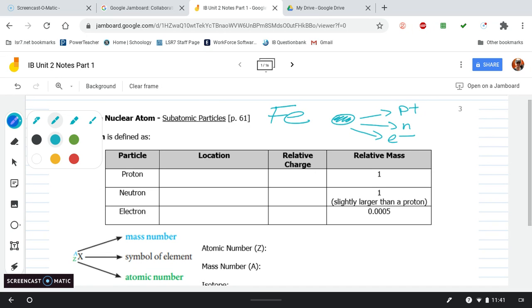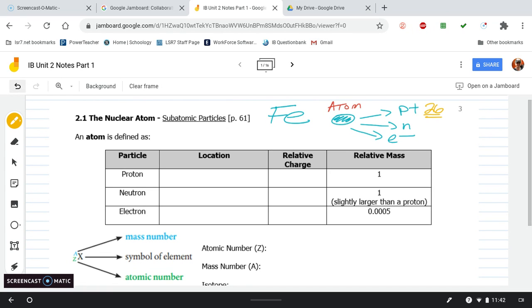And so the atom is that smallest piece before we're no longer iron. Because when you get over here, these things are not unique to iron, right? Protons, neutrons, electrons, those are not unique to iron. What's unique to iron is the fact that iron is the only thing that has the combination of 26 protons, right?